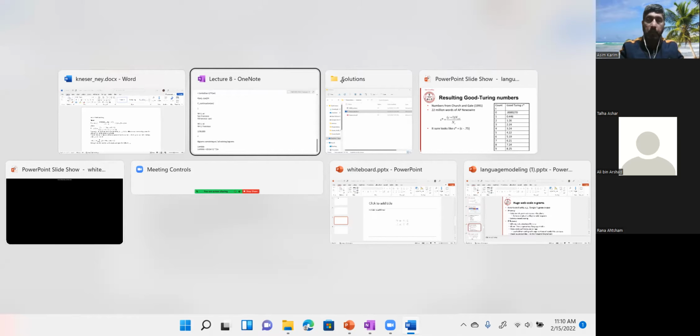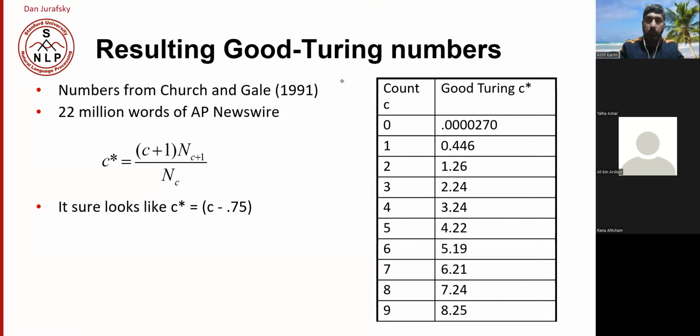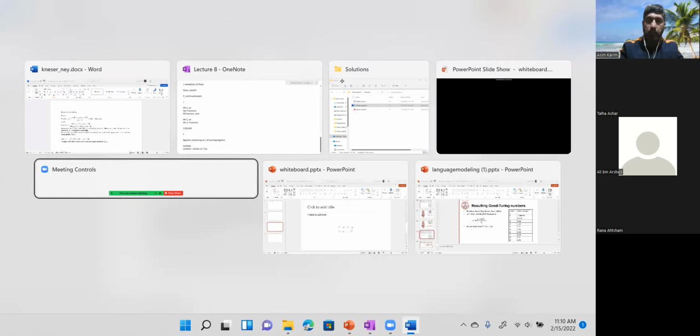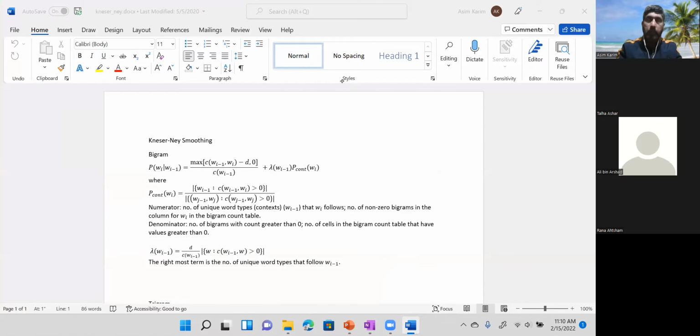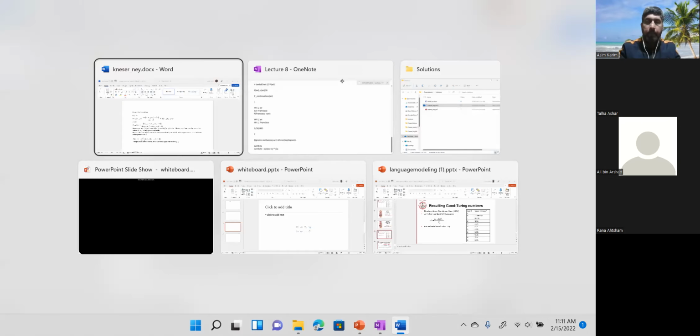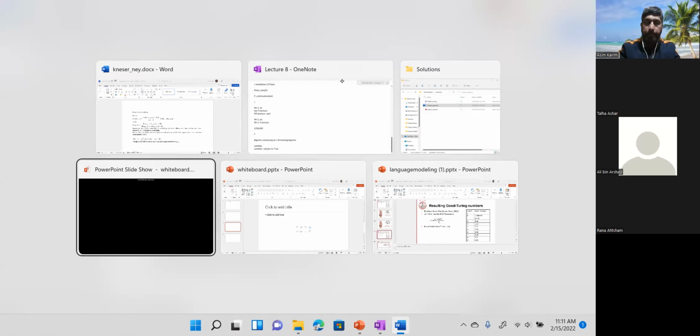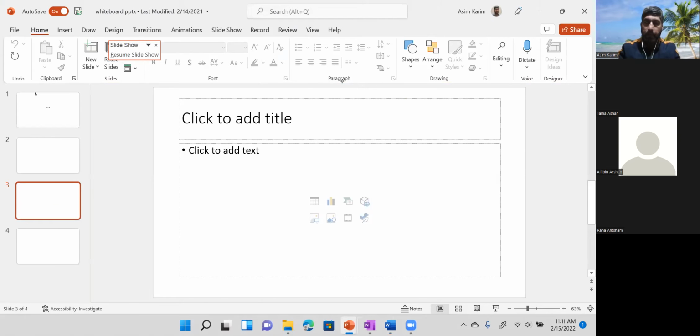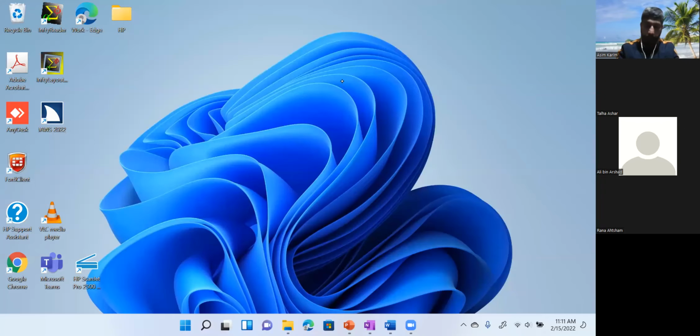The next main section would be text classification, which I believe we would start next time. Any questions?